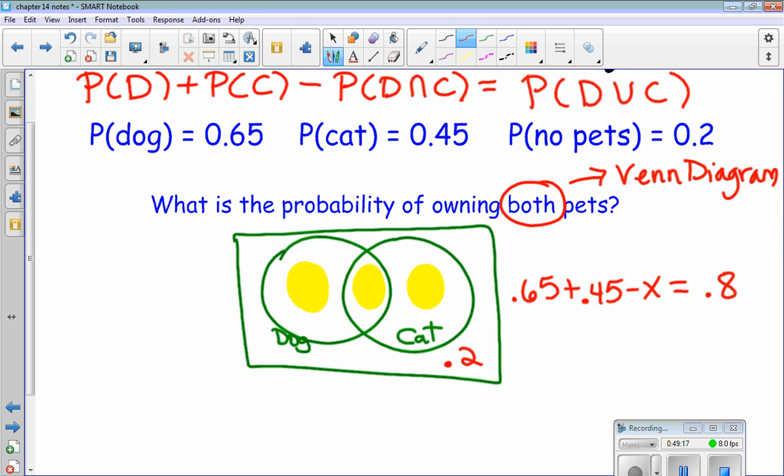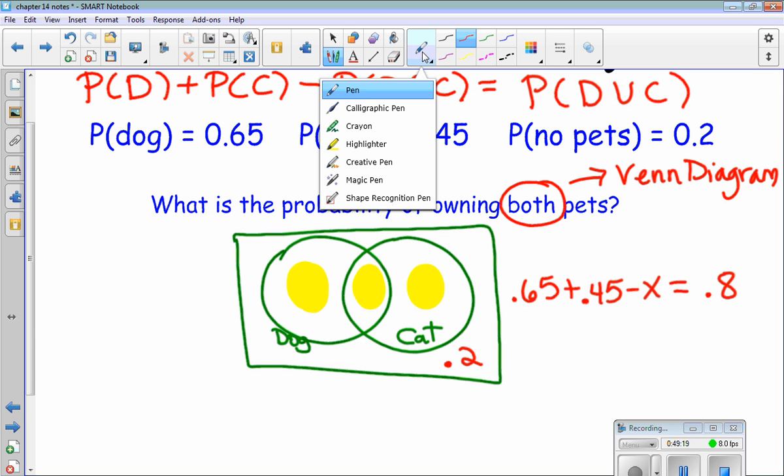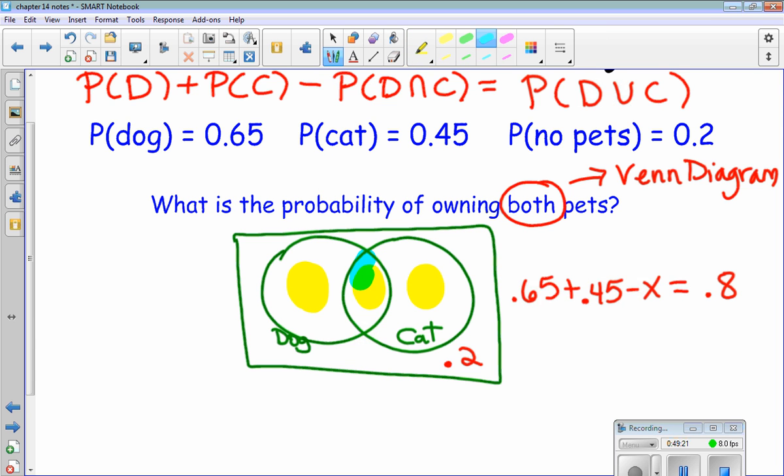What I don't know is this. That's going to be my x. Is that okay? So, if I add these together, I get 1.1 minus x is equal to 0.8. If I subtract 0.8 from 1.1, I get 0.3.